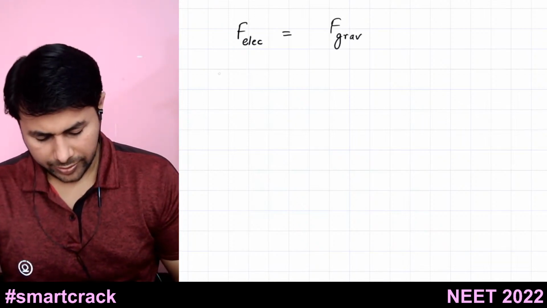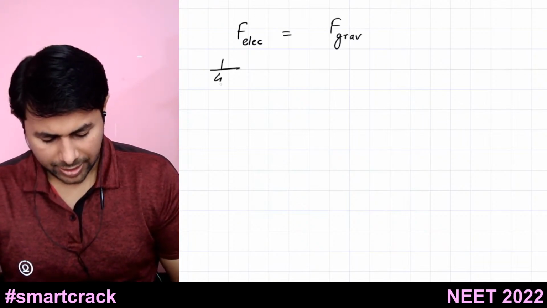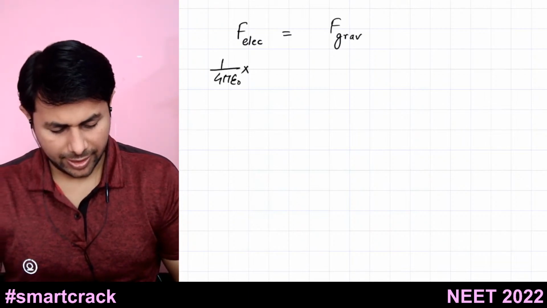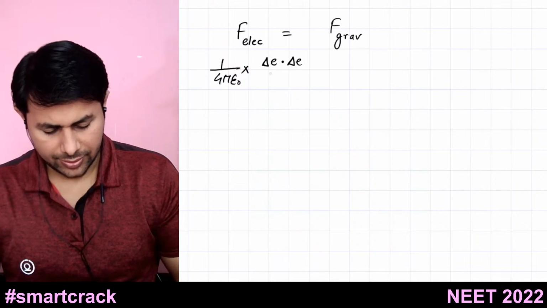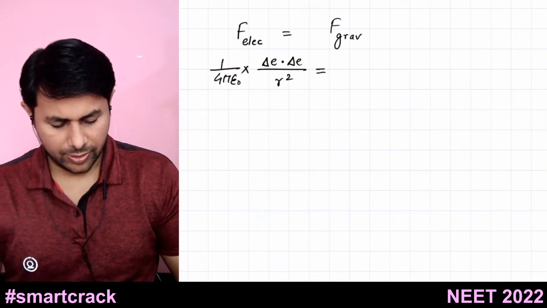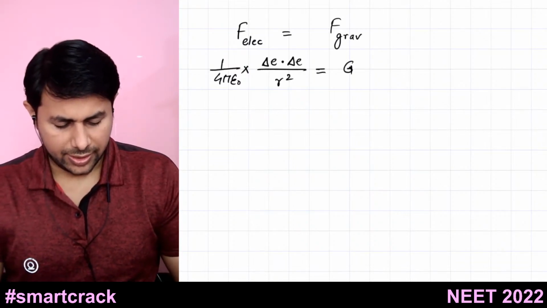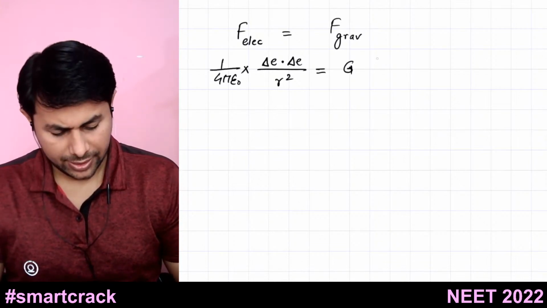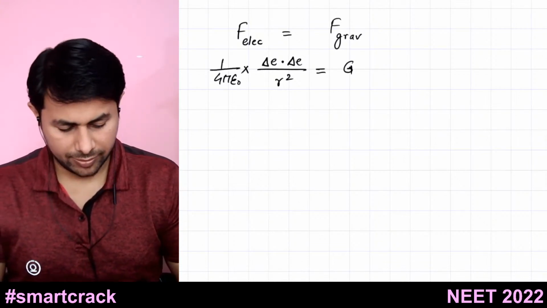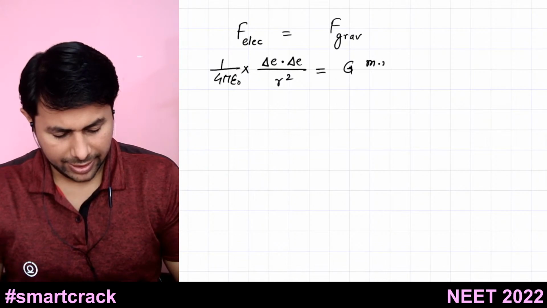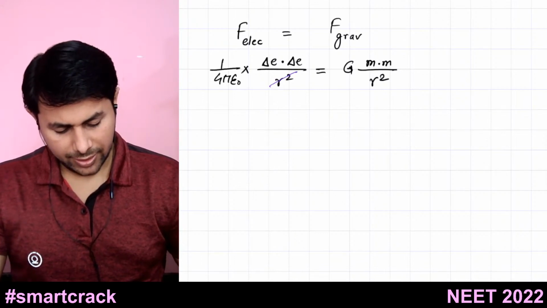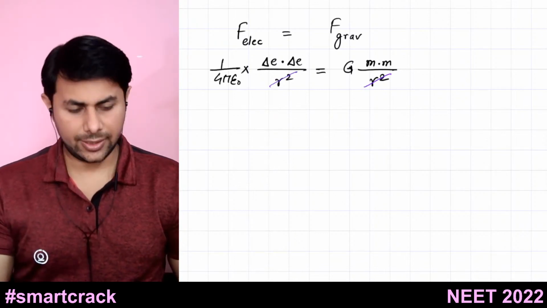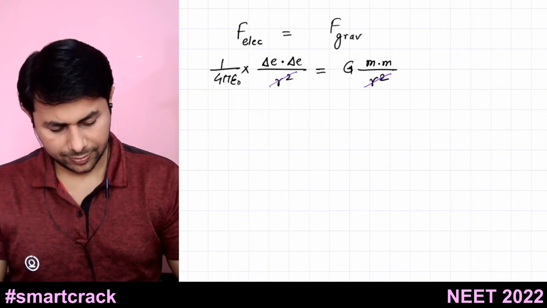Which is 1 over 4 pi epsilon naught multiplied by delta E into delta E over r square, equals to, for gravitational force, capital G into m1 m2, but the masses are equal, so m times m over r square. This r square and r square get cancelled out, right?